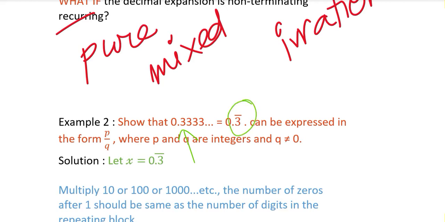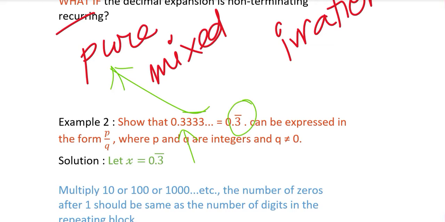So just after the decimal the repeating block is starting. Hence these are called pure non-terminating recurring decimals.